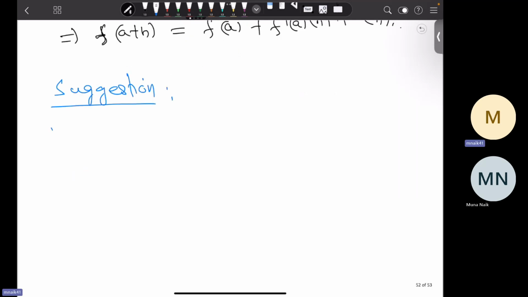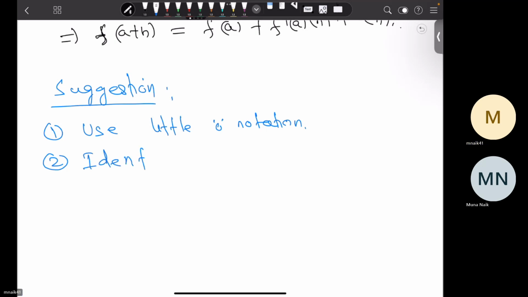First, use the little o notation. Second, identify the linear map L. Third, ignore the little o part.